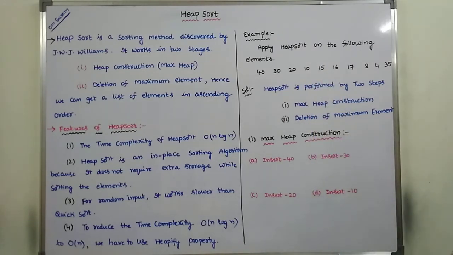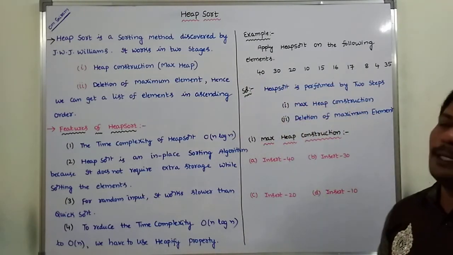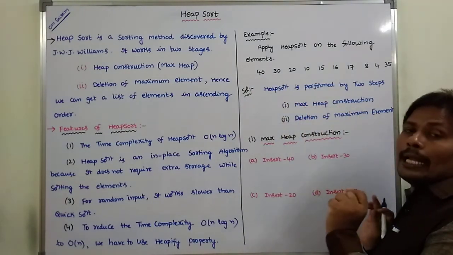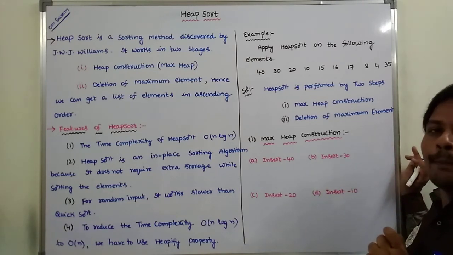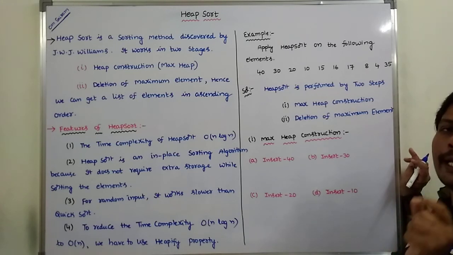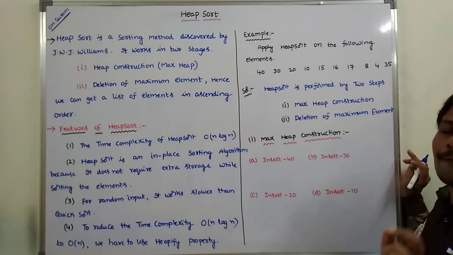First one is constructing the maximum heap. Initially the maximum heap is empty. Whatever the first element that is inserted into the empty maximum heap is the root node.